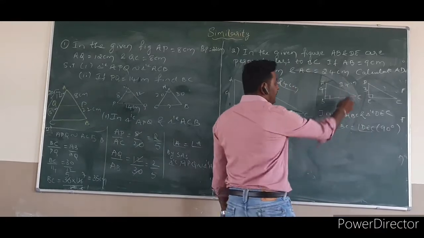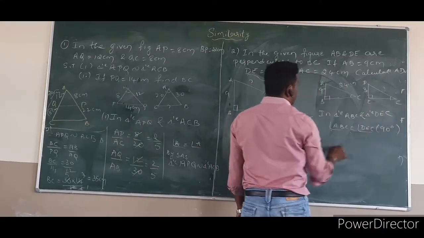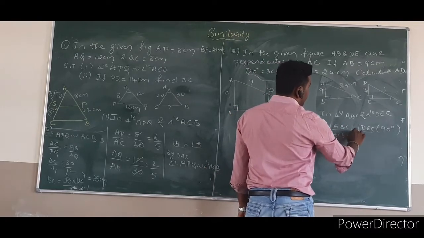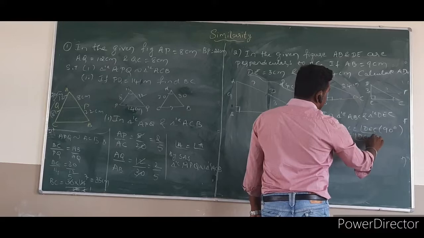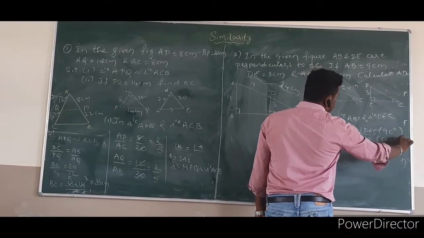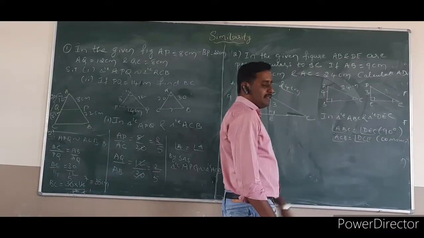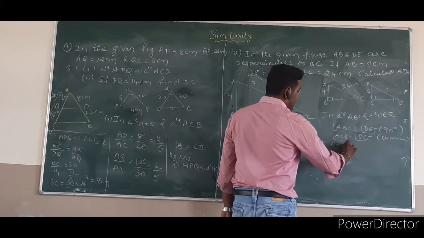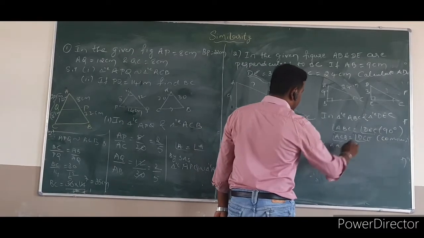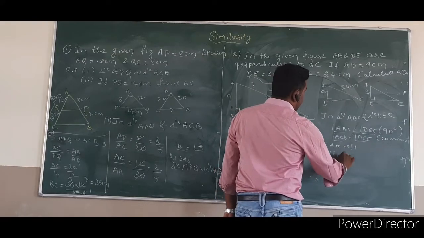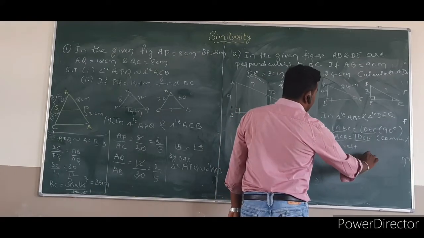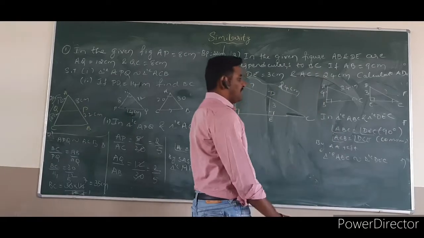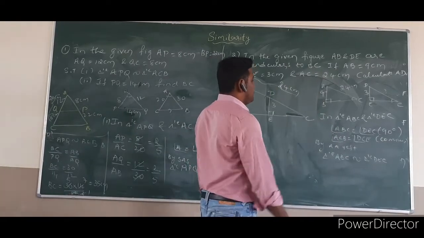And C is also common angle in both the triangles. ACB is equal to DCE, common angles. So here we proved two angles. So by AA test or AA postulate, triangle ABC similar to triangle DEC.